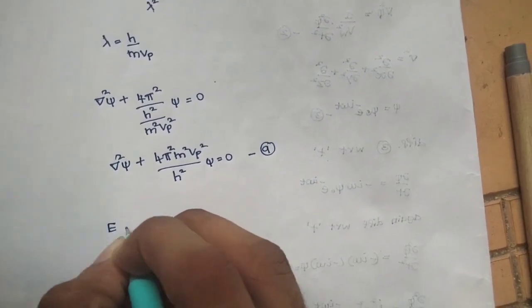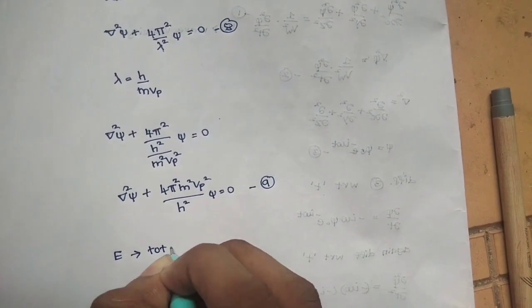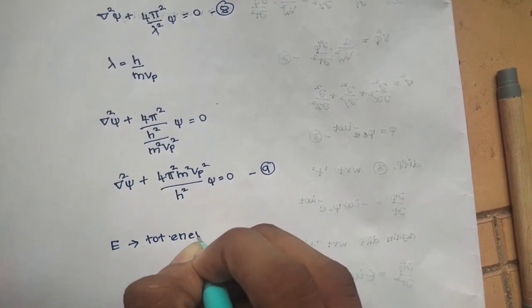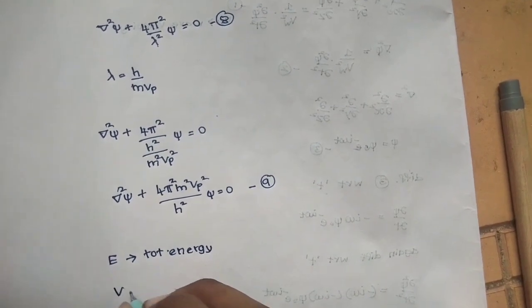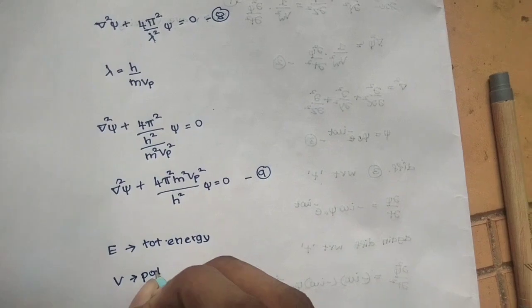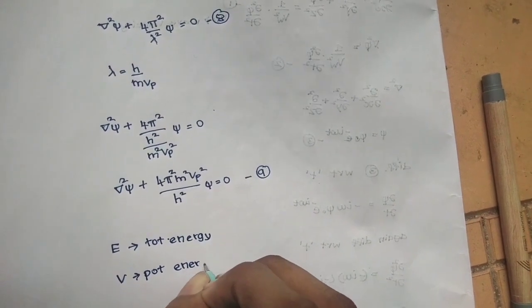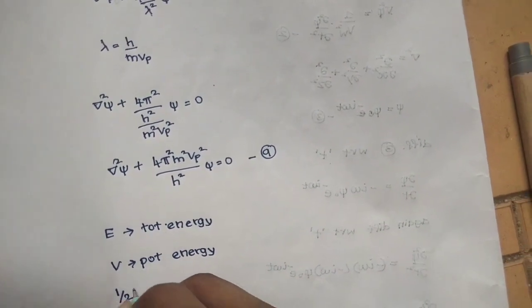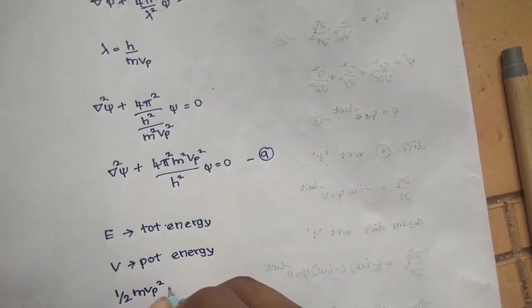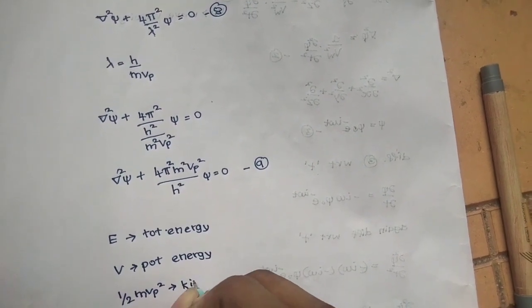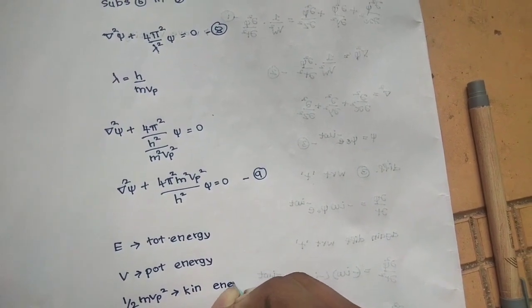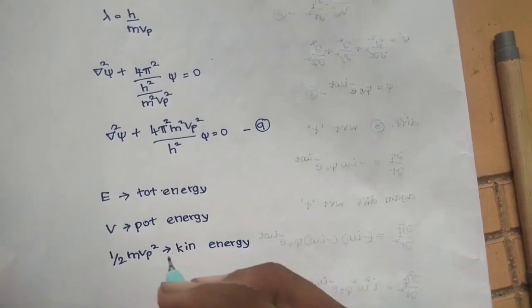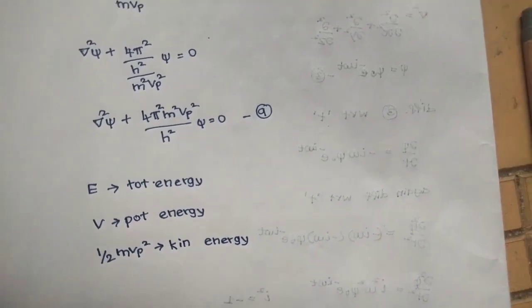Now consider E as total energy, V as potential energy, and we know that the kinetic energy formula is half m v square. So half m vp square is the kinetic energy, where vp is the velocity of the particle.